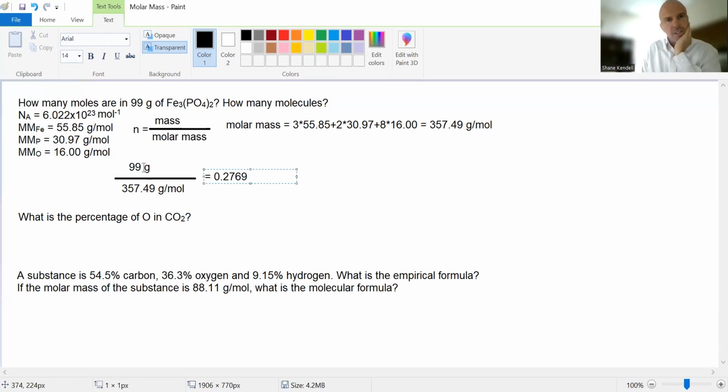Just a word on units. Notice how I've got grams in the numerator, grams per mole in the denominator. Because you've got a division in the division, if that makes sense. Depending on how familiar you are with your fractional rules and things like that, this grams per mole in the denominator would come out to the side and then be inverted and multiplied, if that makes sense.